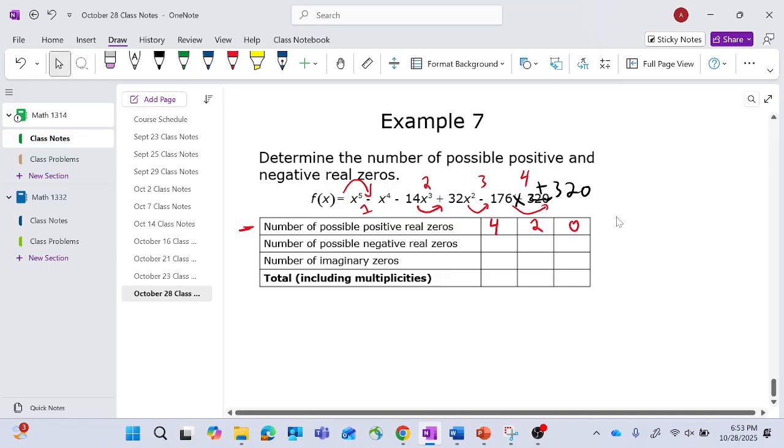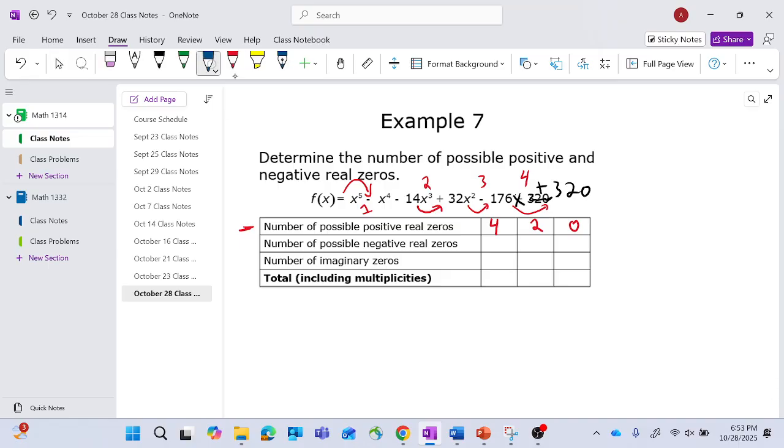All right. Now for the number of possible negative real zeros, that's f of negative x. Getting f of negative x is actually pretty easy as long as you remember the only difference between f of negative x and f of x is that you change the sign in front of the odd exponents.